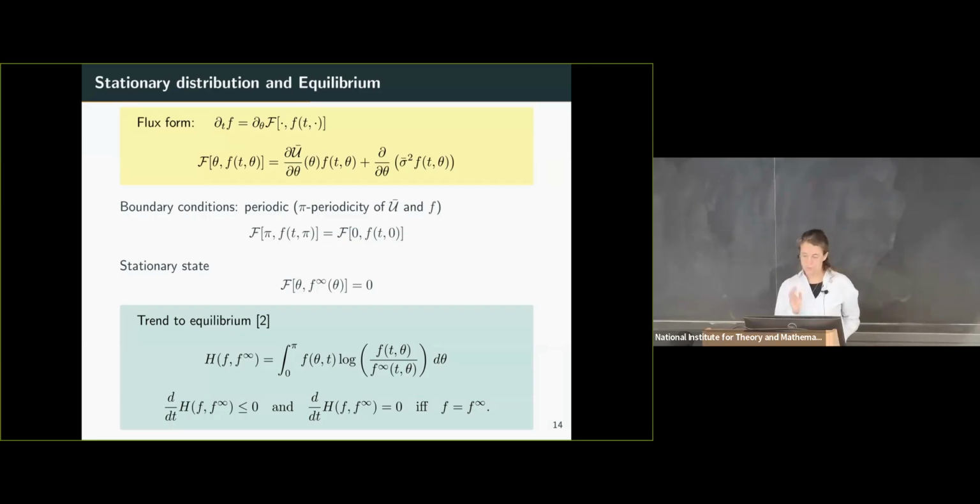Now we see why. First of all, we can study this equation, of course, so you can write it in flux form. You have your boundary conditions, which are periodic, and you can determine your stationary state, and you can also determine the trend to equilibrium through an H functional. So not starting from a collision-like equation, but for the Fokker-Planck equation.